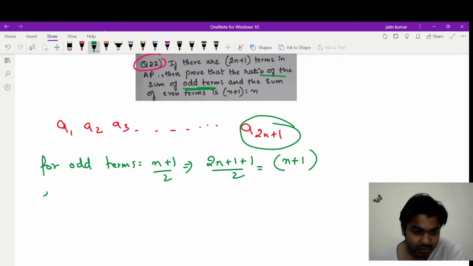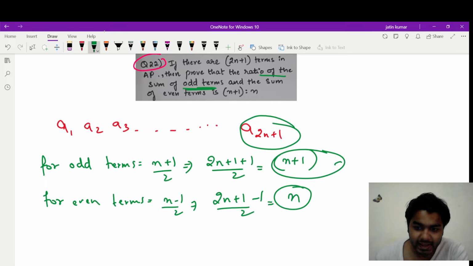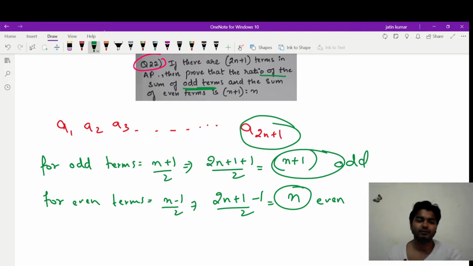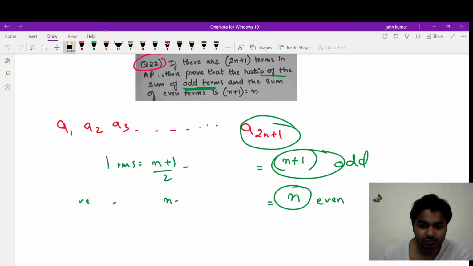And for even terms we have the formula n minus 1 upon 2, and what is the value of n this time? 2n plus 1 minus 1 upon 2, that is n. So we have n plus 1 odd terms and n even terms. Now we have to find the ratio of the sum of these two.